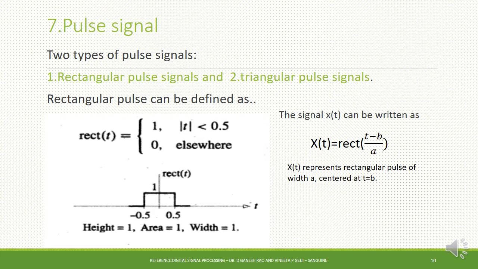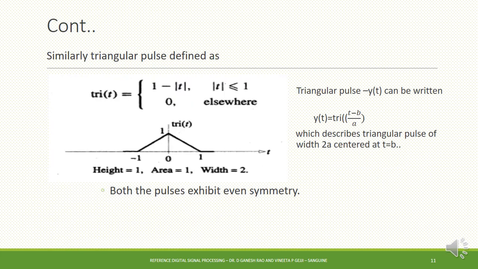Similarly, now we will move to the triangular pulse signal. This is the representation of the triangular pulse signal. It is written as TRI of t.